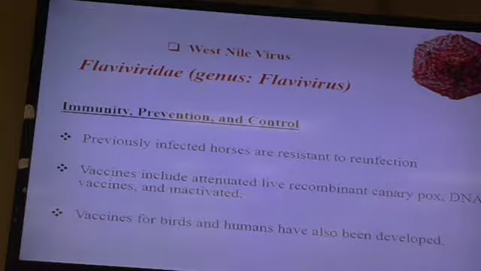In the case of canary pox, it does not cause any symptoms or lesions in horses. So it can be used to carry genes that encode for proteins, and also proteins when they are injected in horses produce a good immune response that can protect against West Nile virus infection.